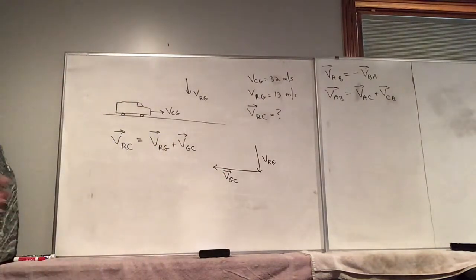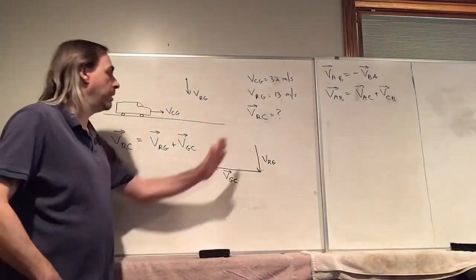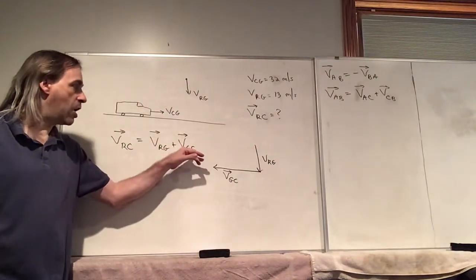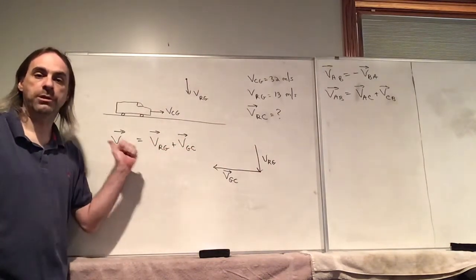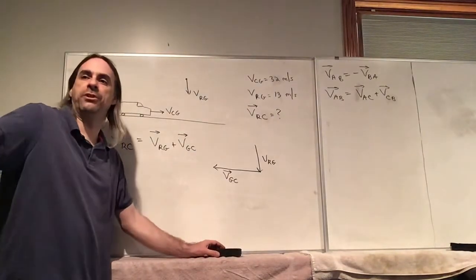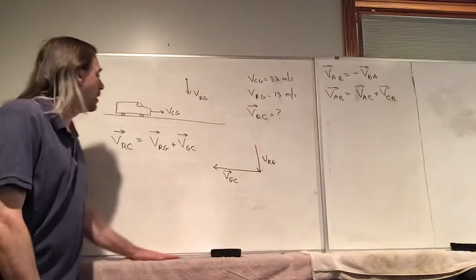Okay, so we kind of accurately drew these, or at least somewhat accurately. Rain is falling down. Relative to the car, the ground is moving backwards. And again, you can see that if you're driving.